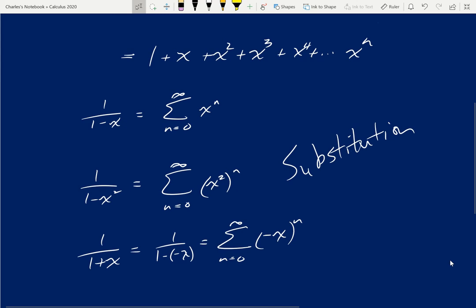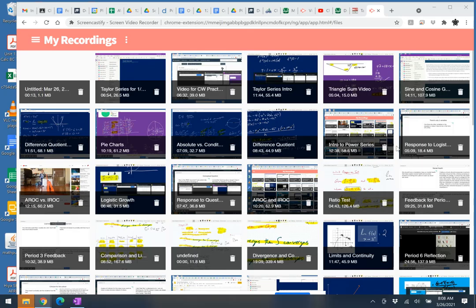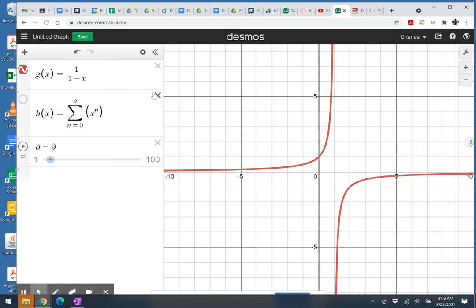You may also think, this is cool. What does it mean? Well, it means that if I look at these things on a graph, here's 1 over 1 minus x. It's a hyperbola. It's got an asymptote. And it means I could approximate it using this thing.